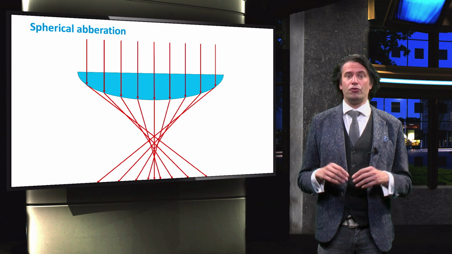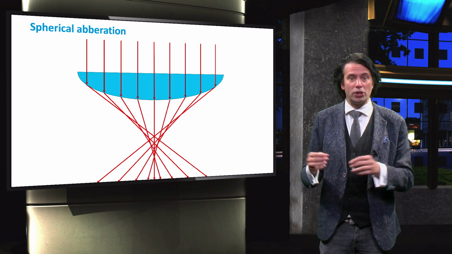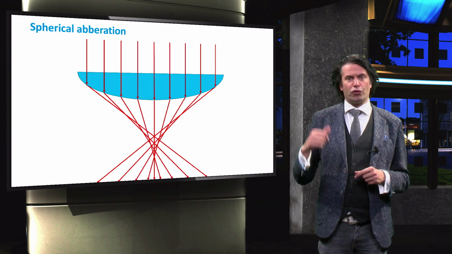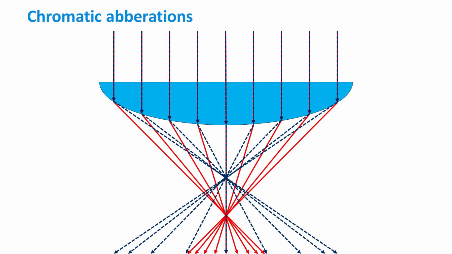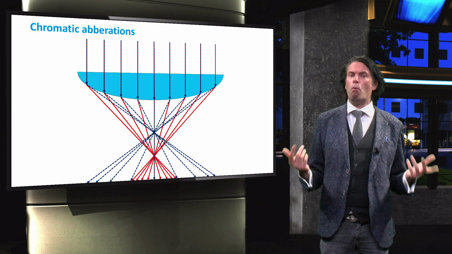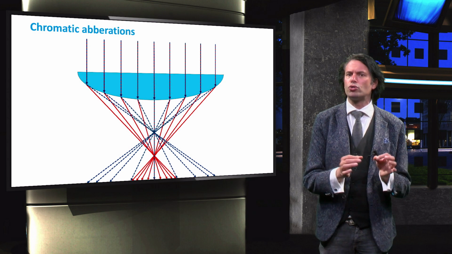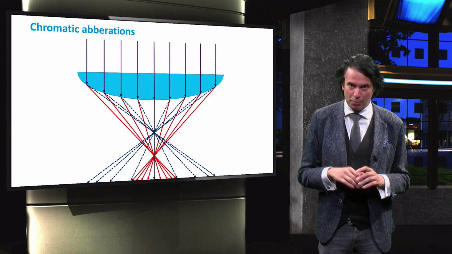Generally speaking, the refractive index of the types of glass used for lenses decreases with increasing wavelength. For short wavelength blue light, the glass will therefore have a larger refractive index mismatch with air than red light. This means that blue light will be refracted more and have a focal point closer to the lens. This is known as a chromatic aberration.